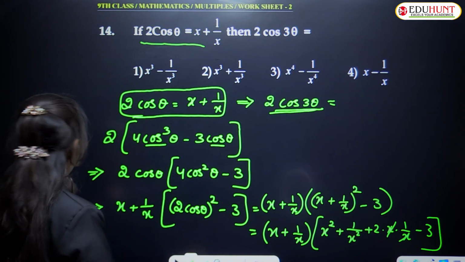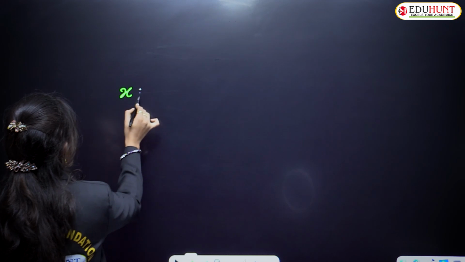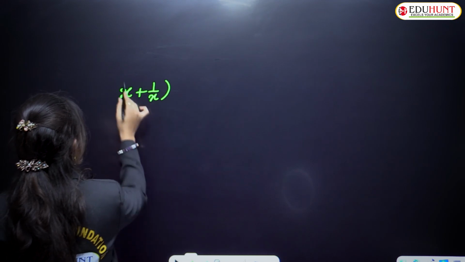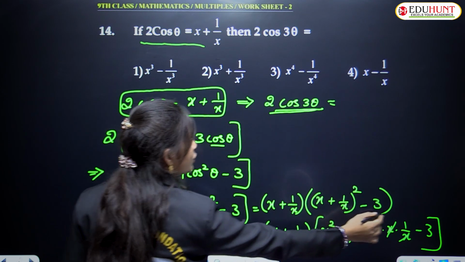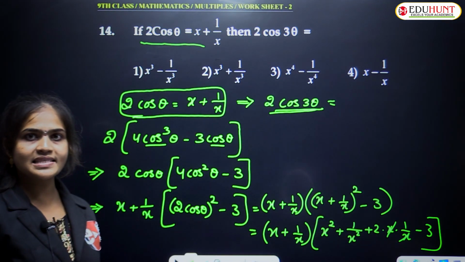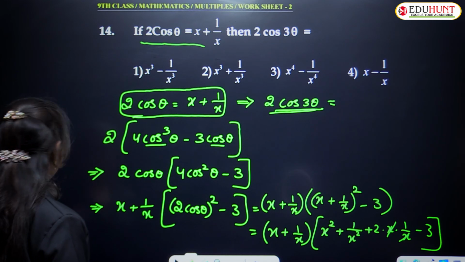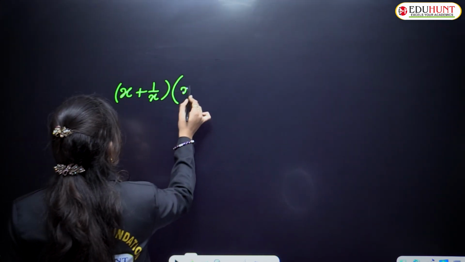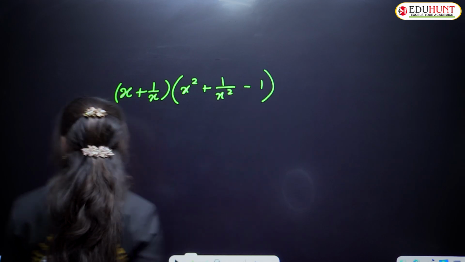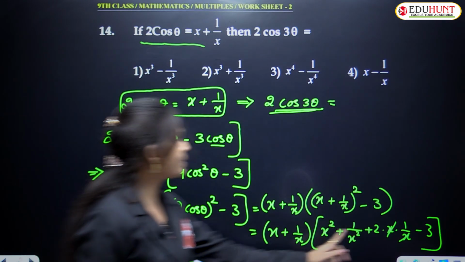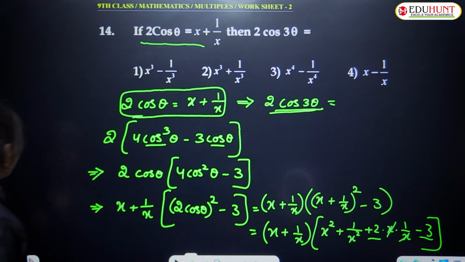So afterwards, x plus 1 by x into x square plus 1 by x square plus 2 minus 3. So 2 minus 3 is nothing but minus 1. So x square plus 1 by x square minus 1. Understand? Why? Because minus 1 means plus 2 minus 3. So that's why here minus 1.